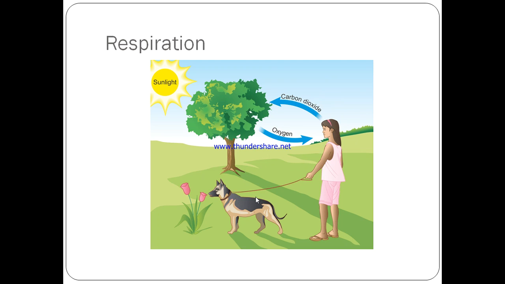This energy is utilized to perform various activities by living beings. In plants, the exchange of gases, that is carbon dioxide and oxygen, takes place through leaves, as we already discussed. Leaves contain minute pores known as stomata. Through these stomata, the exchange of gases takes place.